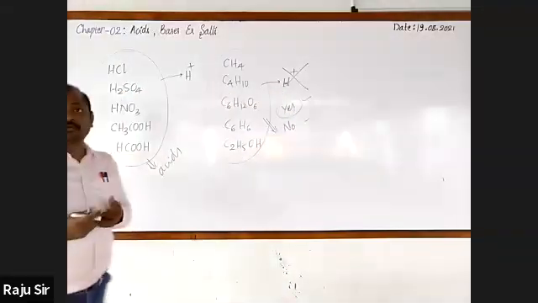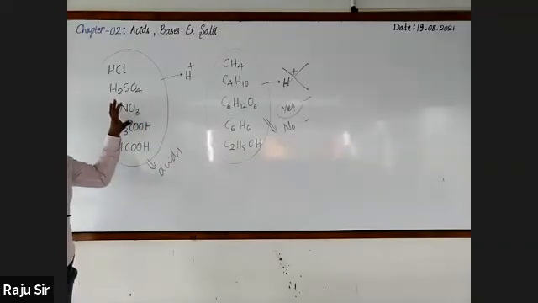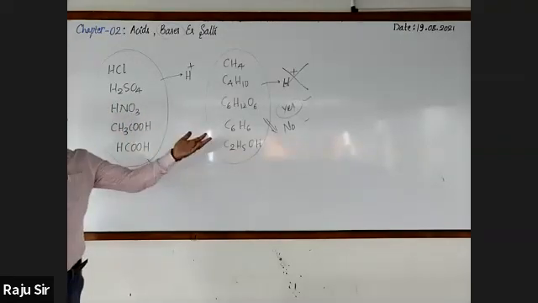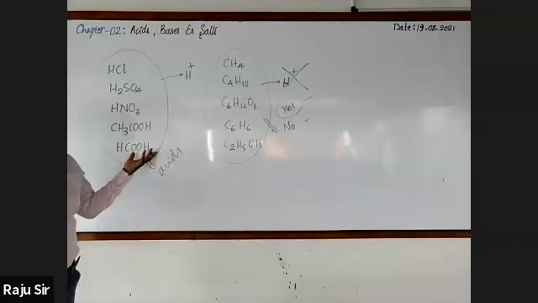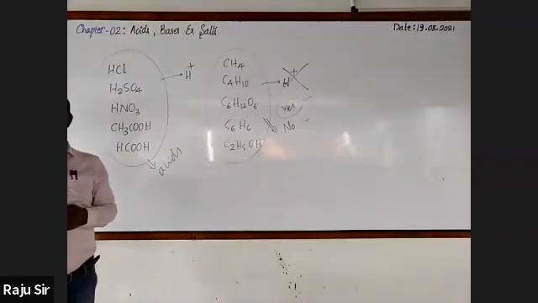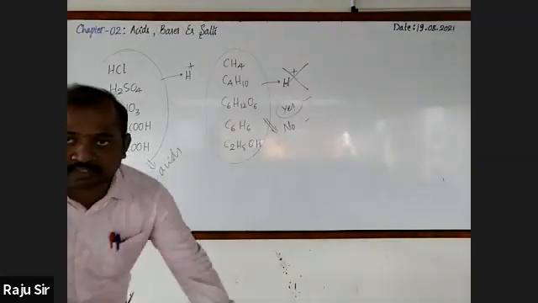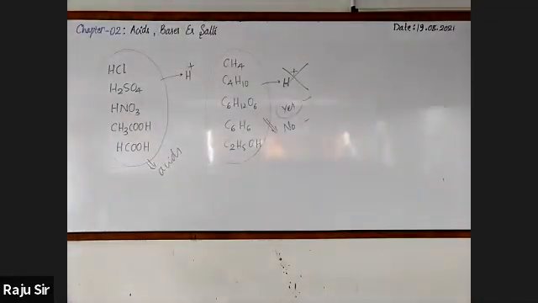Then you can go for explaining the activity related to that. You take some compounds containing hydrogen. In those, which one will conduct electricity? That is an acid. If it does not conduct electricity, it is not an acid. Clear? So let's move on to that. Right now, side heading.